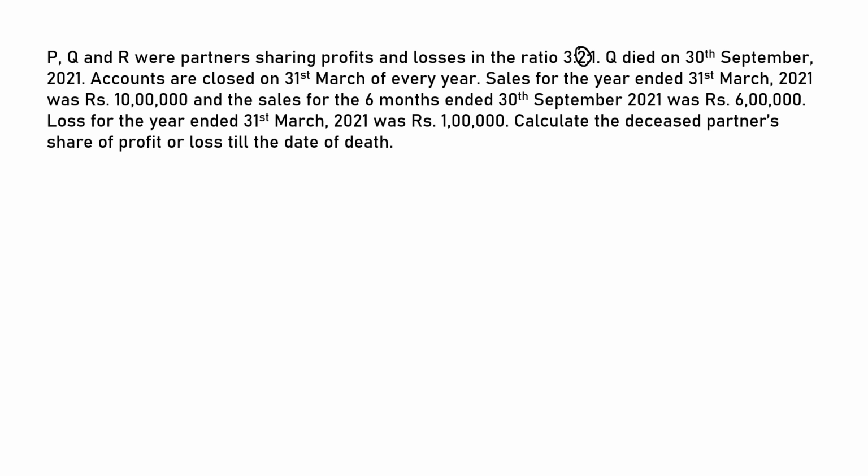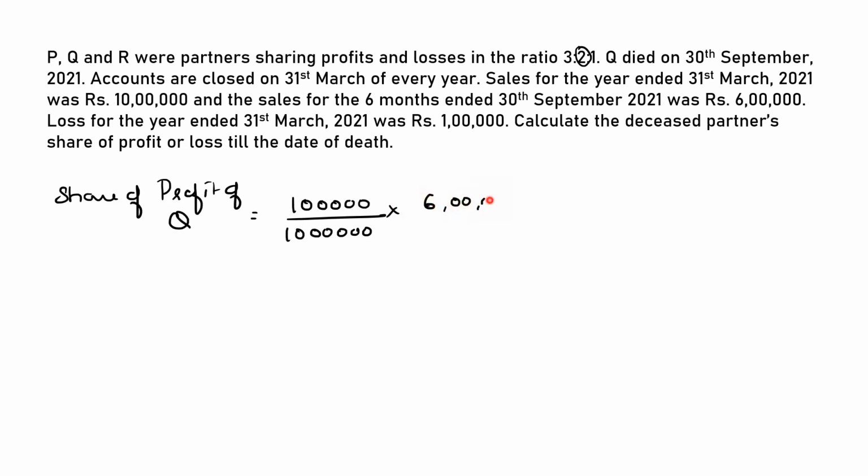So, for you to understand the journal entries, I have given an example with a loss situation. Calculate the deceased partner's share of profit or loss till the date of death. Now, we are going to use the formula for finding out the share of loss of Q. We take the loss of the previous year, that is 1 lakh, divided by the sales of the previous year, 10 lakh, and we multiply it with the sales of the current year period till the date of death, which is 6 lakh.